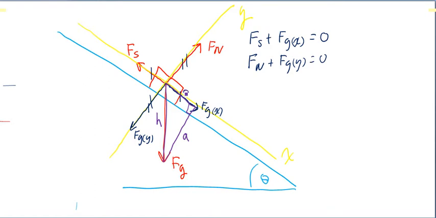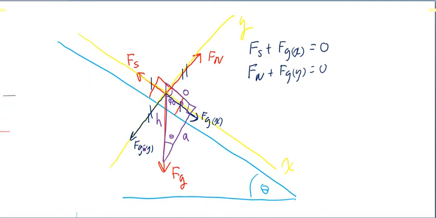So if I'd like to know what force gravity in the x direction is, I can use the angle here. This angle will be 90 minus theta, and this angle will be theta. Since I've already defined the sides, adjacent, hypotenuse, and opposite, I should go with my theta angle.